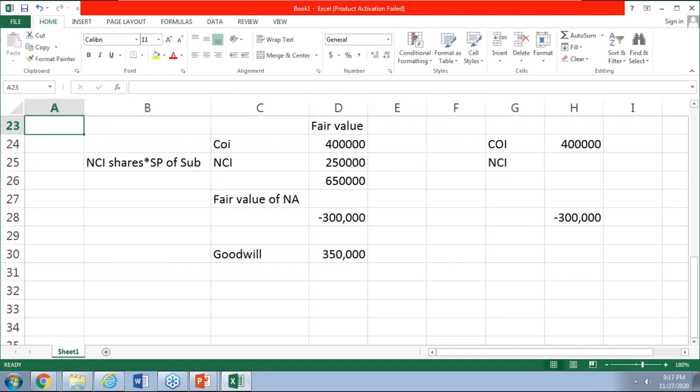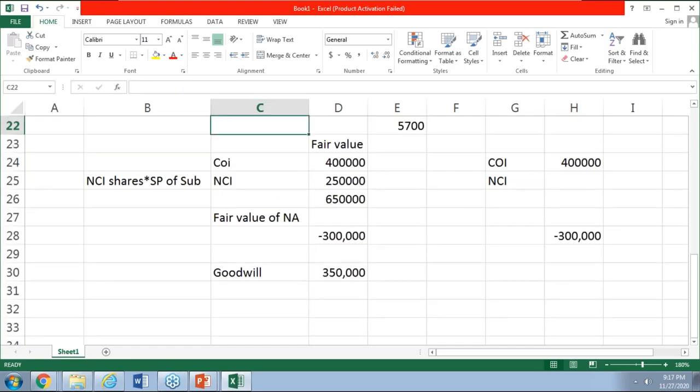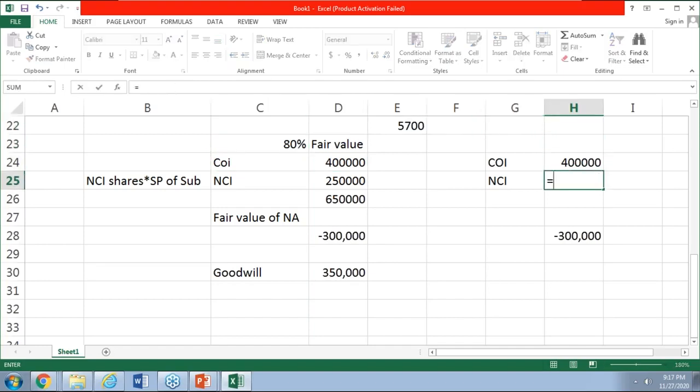Suppose in this situation, the parent company has acquired 80% shares of the subsidiary company. So 20% will be the value of the NCI. So we have to take the fair value of net assets that we have calculated into 20%. So this is called the proportionate share of NCI.